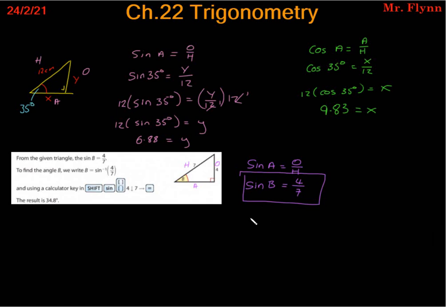We go sine inverse, so basically sine to the minus 1, that's the way we write it, of the fraction 4 all over 7, and that will equal our angle B. So whichever function we're using, sine, cos or tan, we get the inverse of it, and that will work out to be angle B.